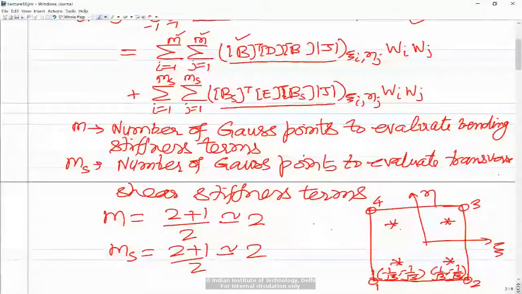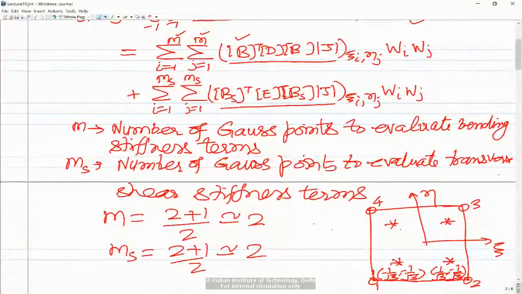There was a question that J will also be a function of xi and eta. I said that if the element is a rectangle in the xy coordinate space, then J will be constant.